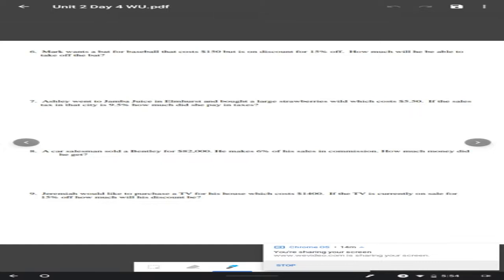So it says Mark wants a bat for baseball that costs $150 but is on discount for 15% off. How much will he be able to take off the bat? So they're just asking for the discount. So that's where we're going to multiply 150 by the 15%. If we move the decimal 2 to the left, we get 0.15. So if we take 150 times 0.15, in my calculator, I would get $22.50.